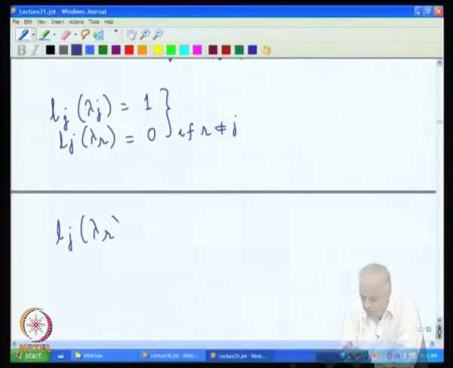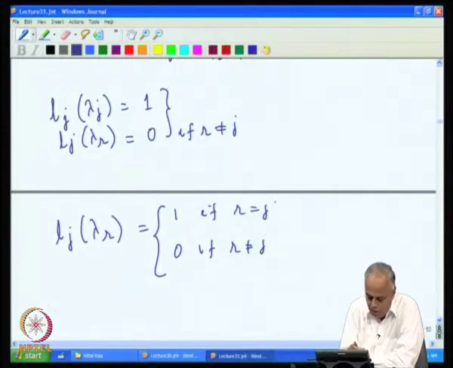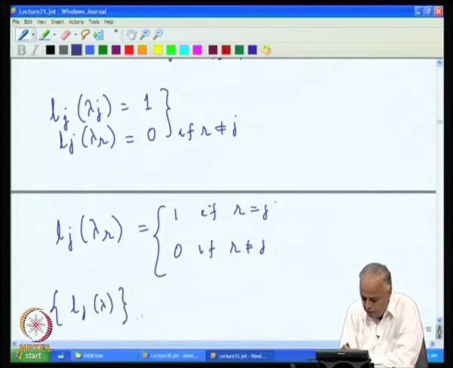The moment you hit lambda j, it peaks up to 1, again at lambda j plus 1 it goes to 0, lambda j plus 2 it is 0, lambda k it is 0. So L j lambda r is equal to 1 if r equal to j, 0 if r not equal to j. So we have polynomials L j lambda, j equal to 1 to k.